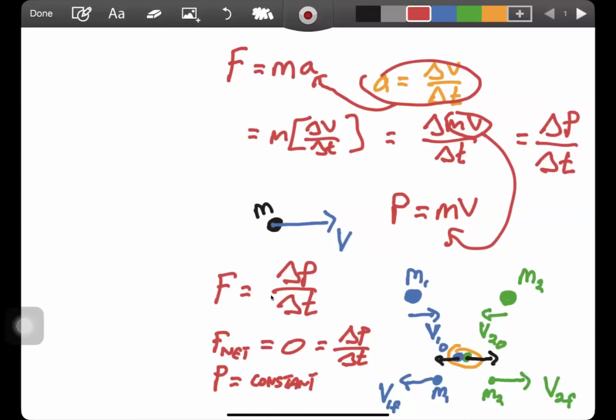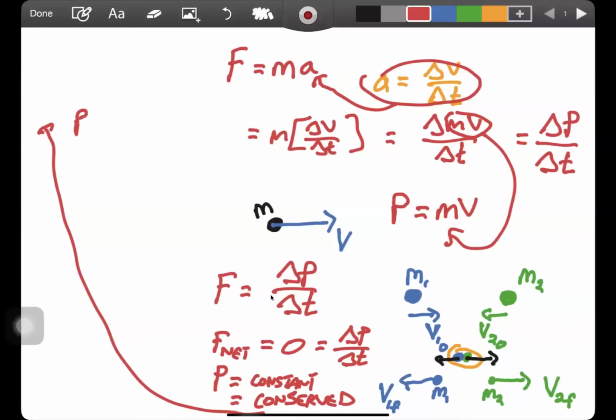And so when momentum remains constant throughout this process of these two masses flying into each other, colliding and going back in the other direction, we say that the momentum is conserved. And so if the momentum is conserved, follow me up here, this means that momentum initial equals momentum final.